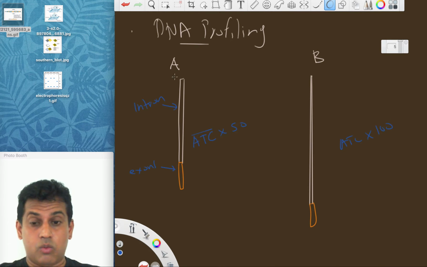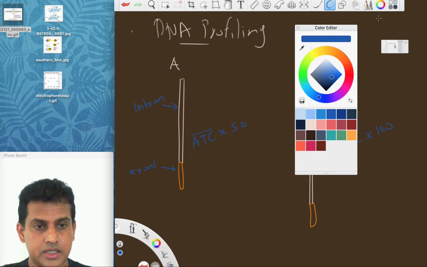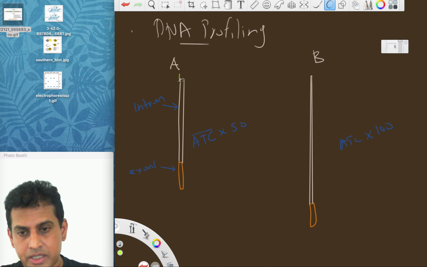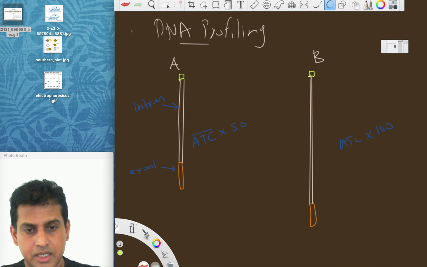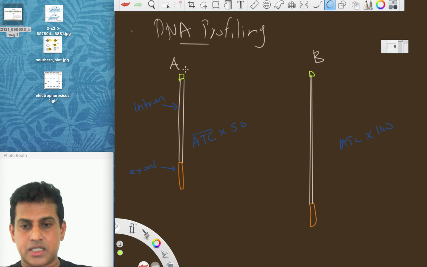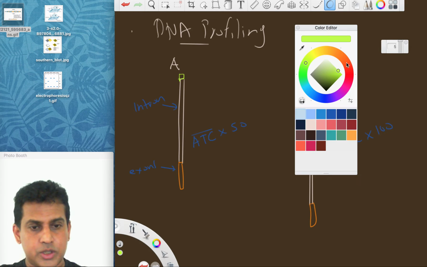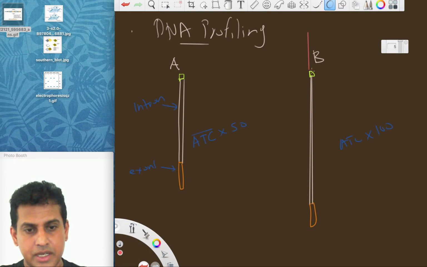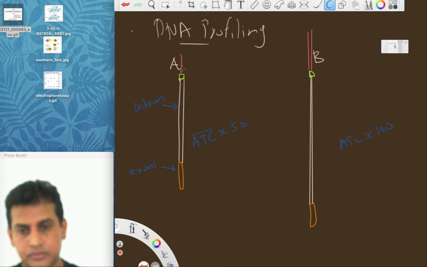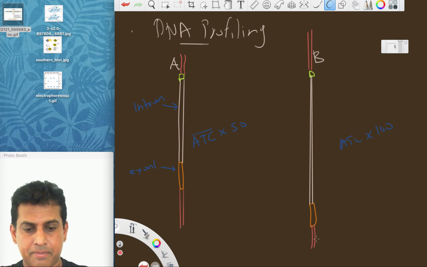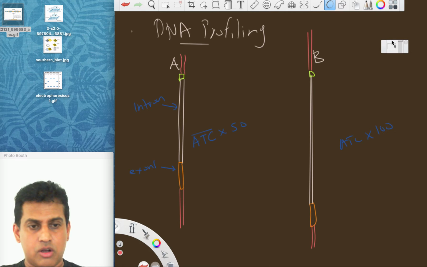Now imagine this is another site here. This site is the restriction endonuclease cut site, and above we can also show the continuation of this DNA. Alright, now restriction sites are called palindrome sites.